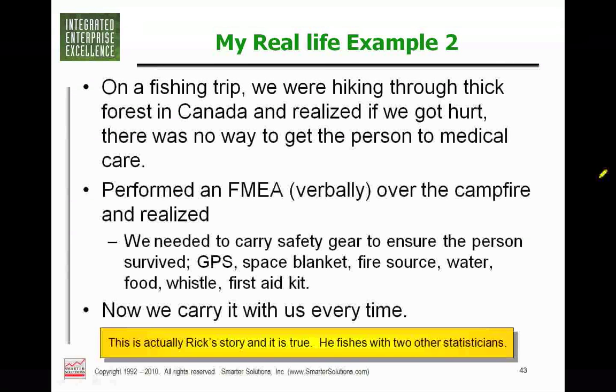So they started doing an FMEA over the campfire and realized they needed certain pieces of equipment, because if somebody broke a leg or had some sort of trauma, they needed to be able to protect that person so they could come back and get them the next day, because it was just too far. They couldn't really carry them. So they came up with a list of items to take along, and now they carry those all the time. Again, this was before a problem occurred that they decided what they were actually going to do.